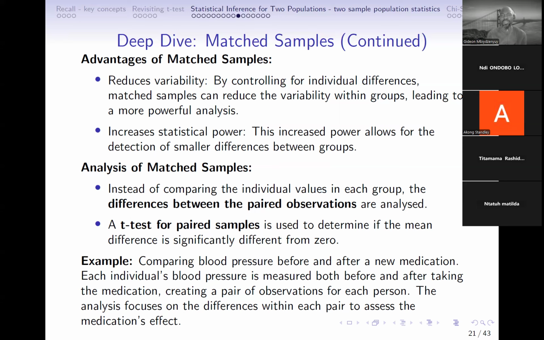It will uncover very nuanced, very small differences between the groups when you calculate the variability by looking at the differences and then conducting statistics on that.